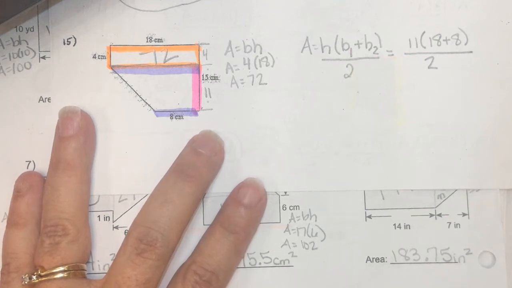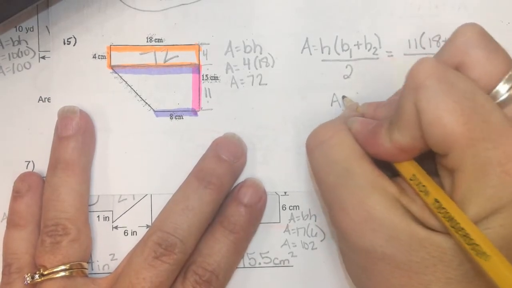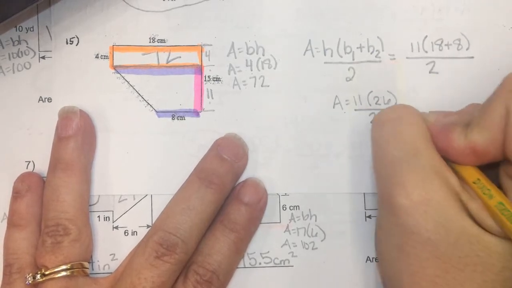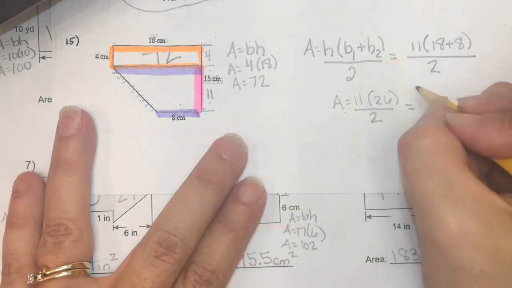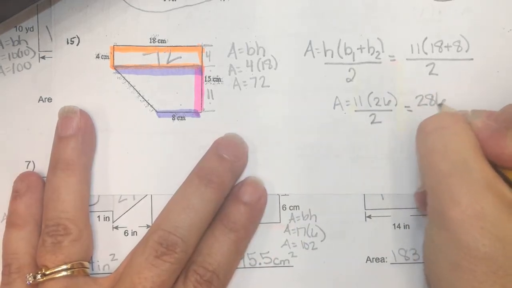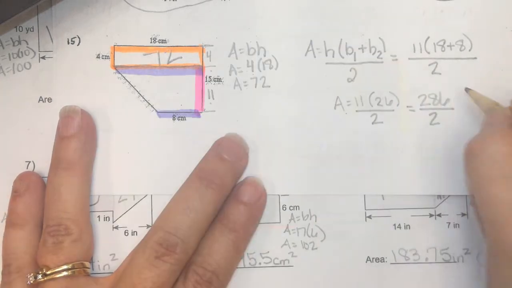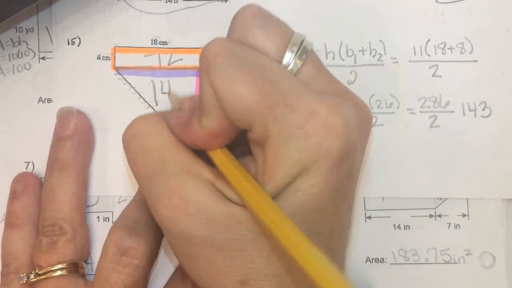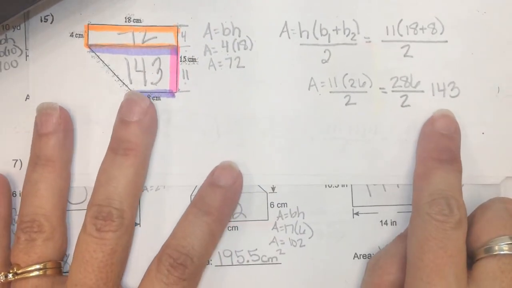So, if I add 18 and 8, I get 26. If I do 26 times 11, I get 286. And if I divide by 2, I get 143. Now, slow down because some of you are rushing and you're thinking that's the final answer.